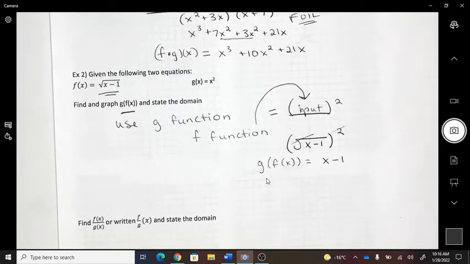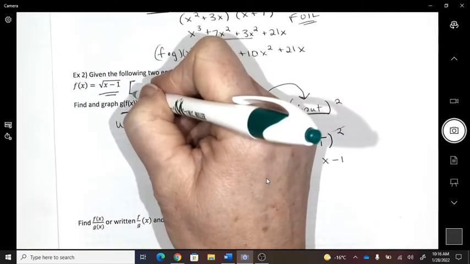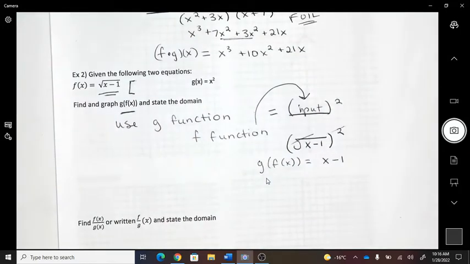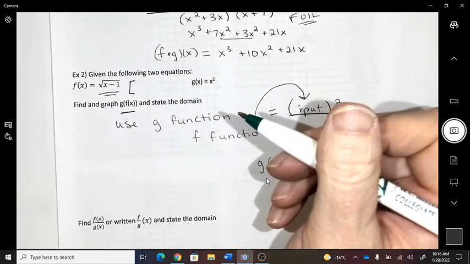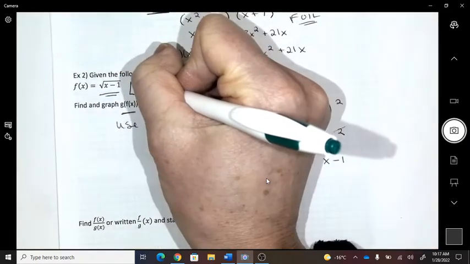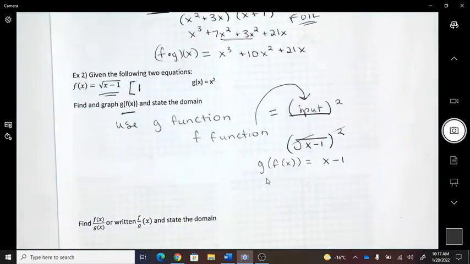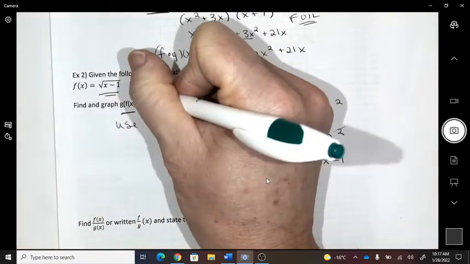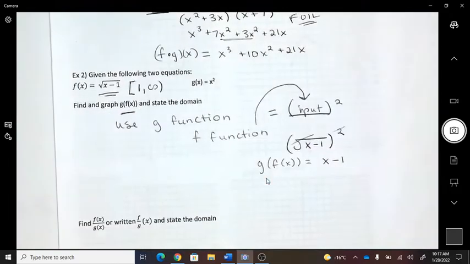What's the lowest x value you can have before it becomes negative? What's the lowest number that you would be able to plug in? 1? Because now if you plug in 0, 0 subtract 1, now you're negative, so that's not good. And anything bigger would work, right?